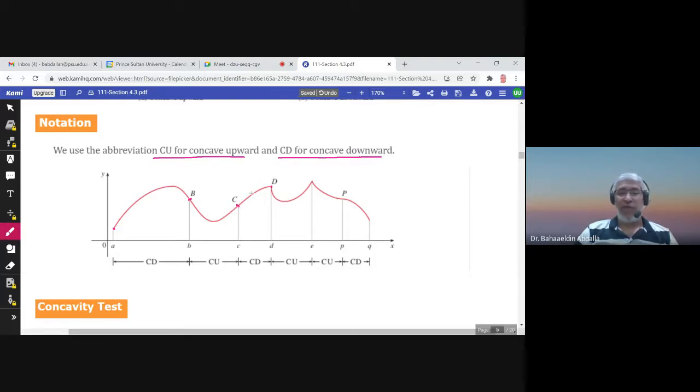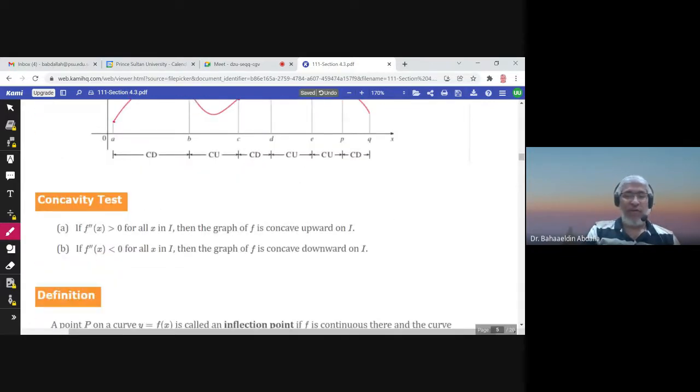From C to D, concave down. From D to E, concave up. From E to P, it's also concave up. From P to Q, it is concave down, okay? So I hope you understand the shape of concave up and concave down by now.